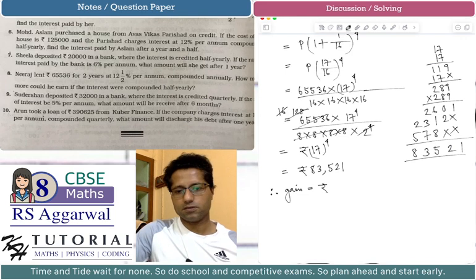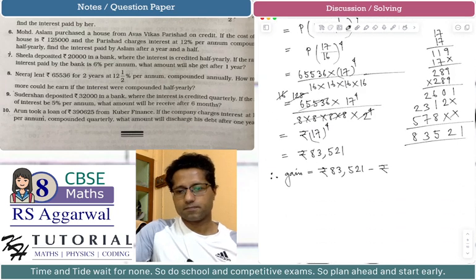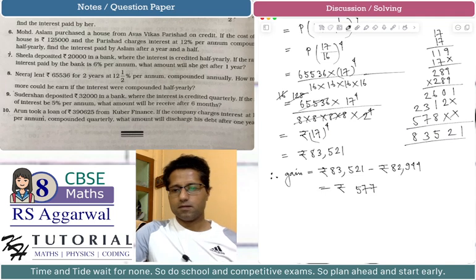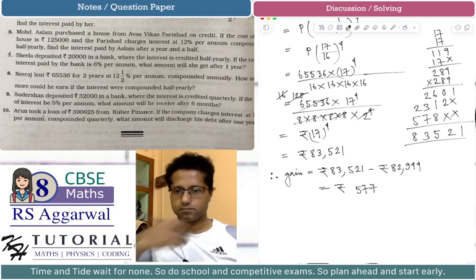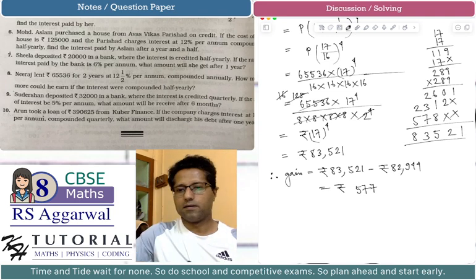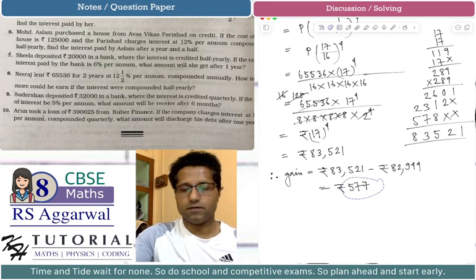That more amount is rupees 83,521 minus rupees 82,944, which is equal to rupees 577. 577 should be the answer.